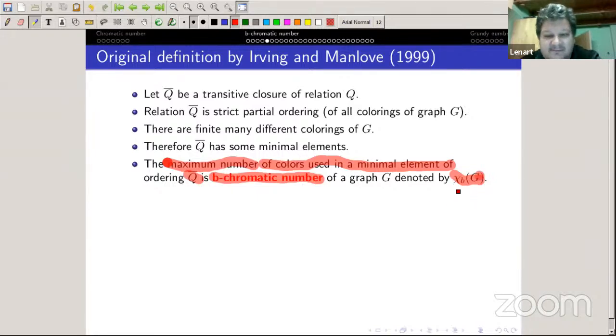The symbol for it is phi B of G. So this means the maximum number. This means the worst possible case when we obtain such a B coloring. So this is the worst case that can happen by this reducing algorithm.